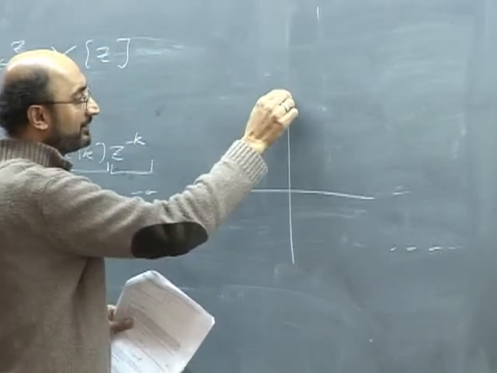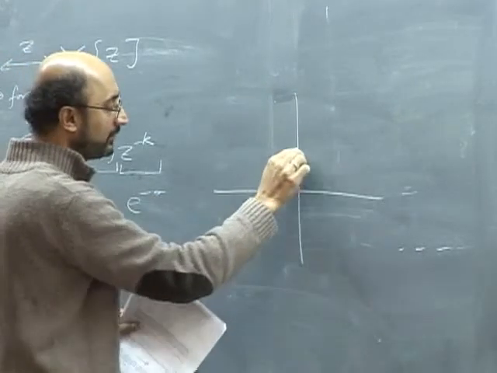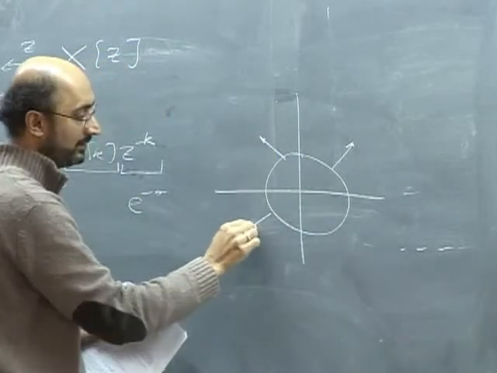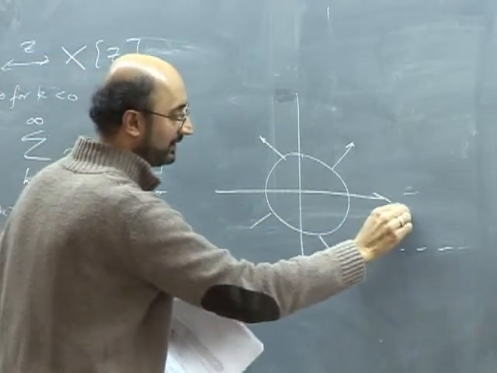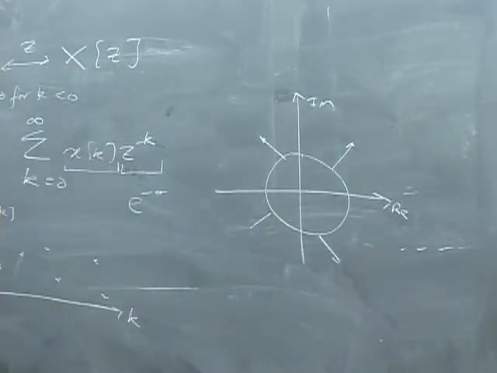So in the z case, because we have this a plus jb, in the case of Laplace we're looking at sigma being in the left half of the complex plane. Here what we'll have instead is that z has to be larger than some absolute value. This is the real axis, this is imaginary. If z is larger than some magnitude, as long as it's big enough, then it's going to make this converge.